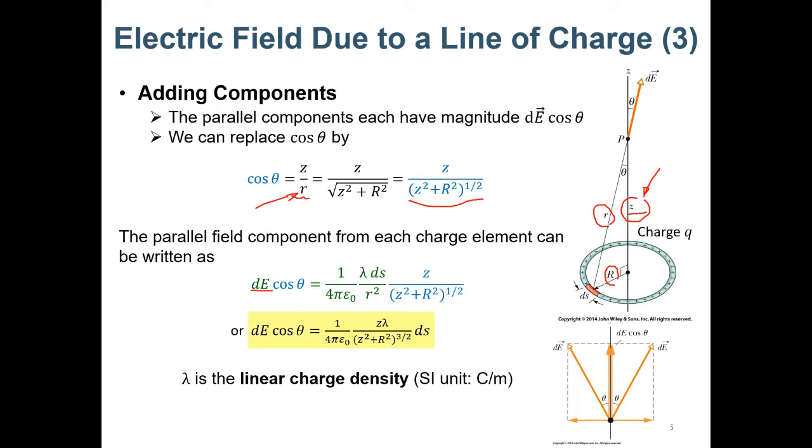We define a linear charge density lambda here, 电荷密度，线电荷密度，线性的电荷密度。So we know that the total charge is Q, and the radius of the ring is R, so the length of the ring is 2 pi R. So lambda is nothing but Q over 2 pi R.